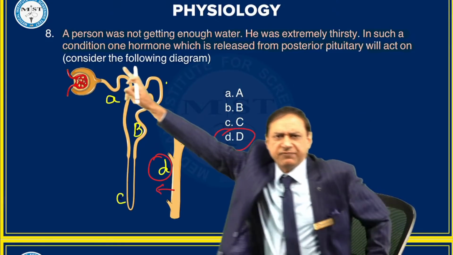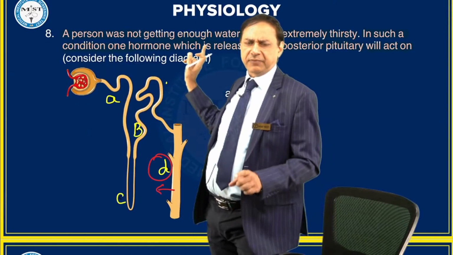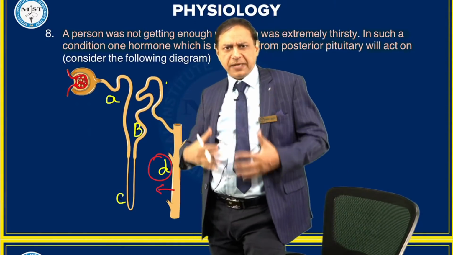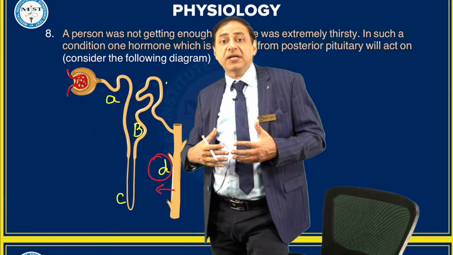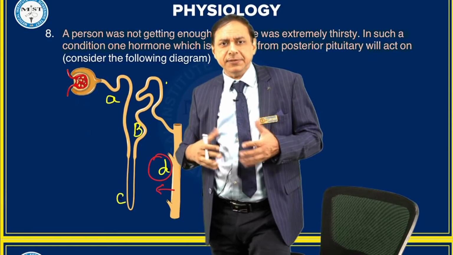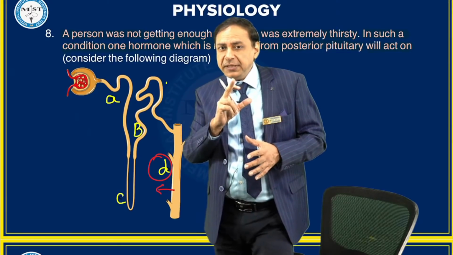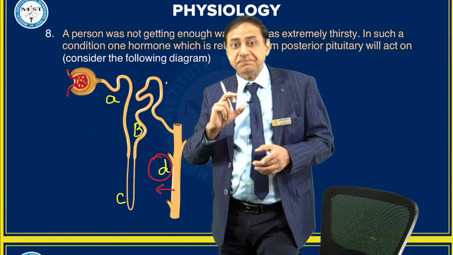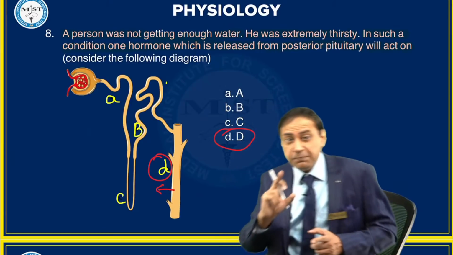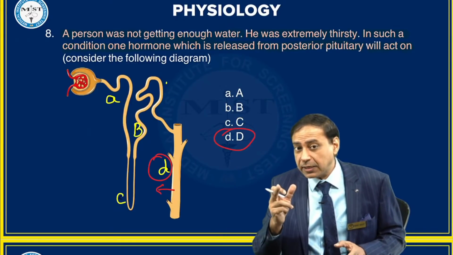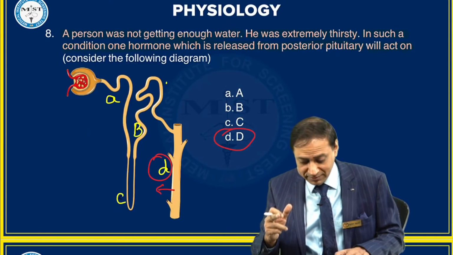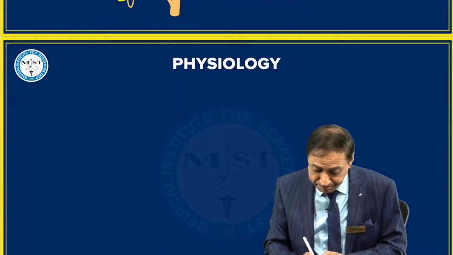My question is, if the person was not getting enough water, what will happen to blood? Blood will become more concentrated. There is no water, so plasma osmolarity will be increased. And when plasma becomes more concentrated, what will happen?